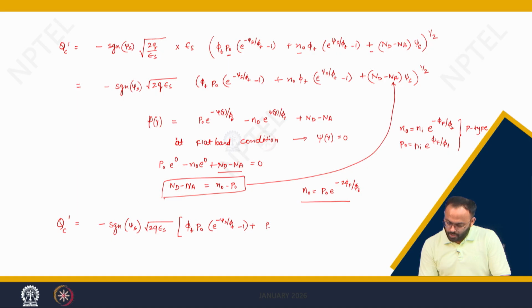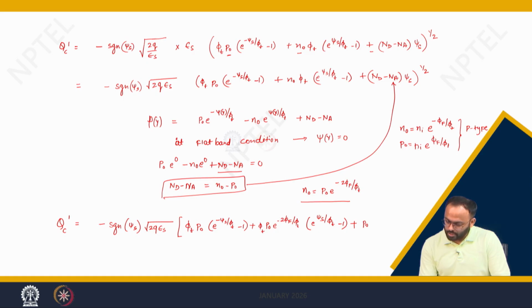So, it is p_0 e to the power of minus 2 phi_f over phi_t into phi_t into e to the power of psi_s by phi_t minus 1 plus again n_d minus n_a can be replaced by what? n_0 minus p_0 into psi_s. So, it can be written as n_0 into psi_s.